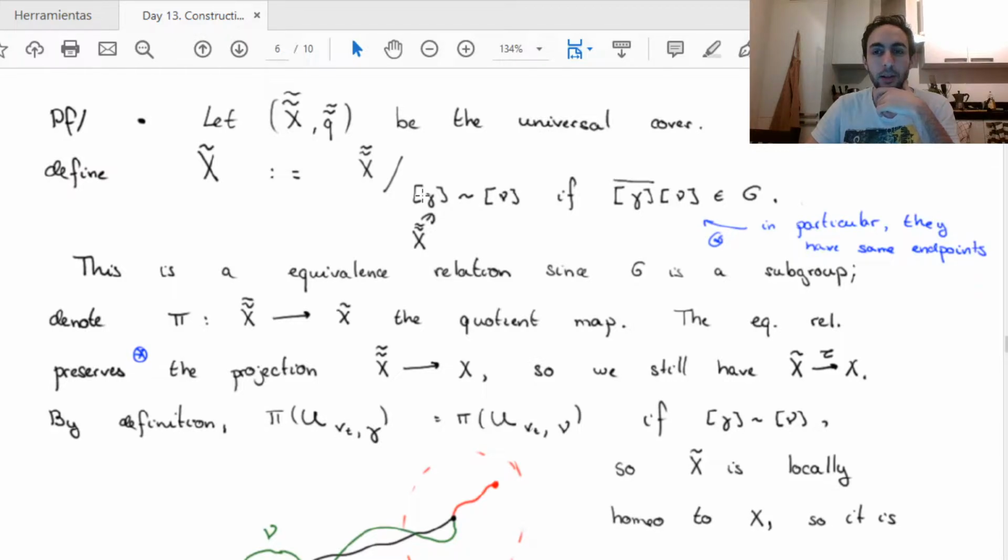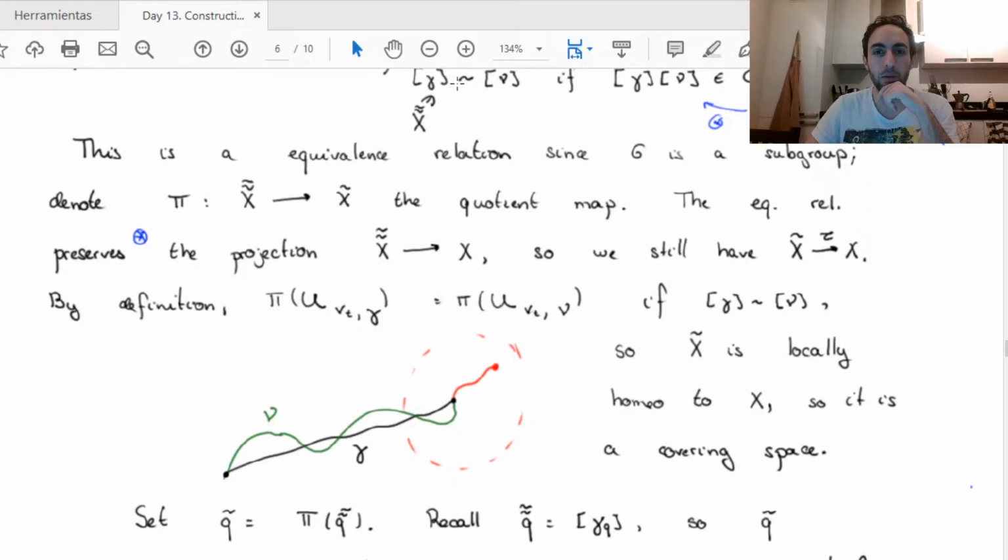That means that even after the quotient, the endpoint is well defined. But the endpoint is precisely the covering map of X tilde to X. So that means that the covering map descends to a map from X tilde to X, and we call this tau. Having this map defined, all we have to check is that this is a covering map, and so we have to check how the topology in X tilde looks.